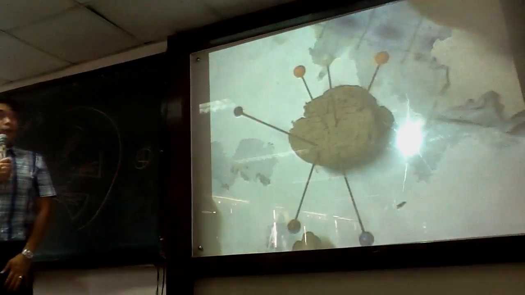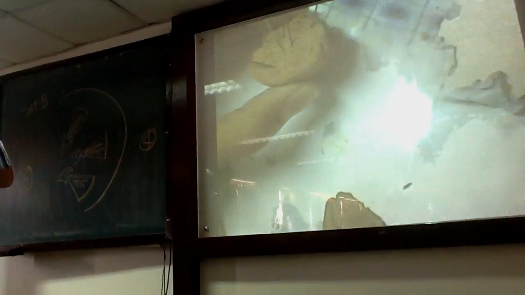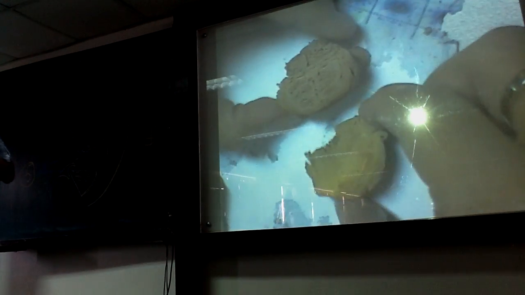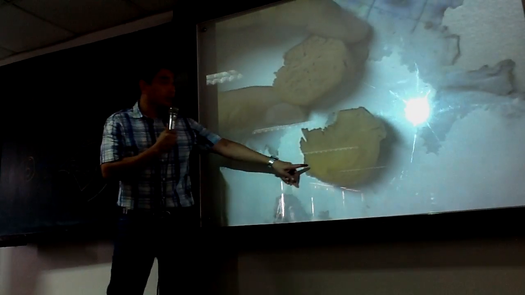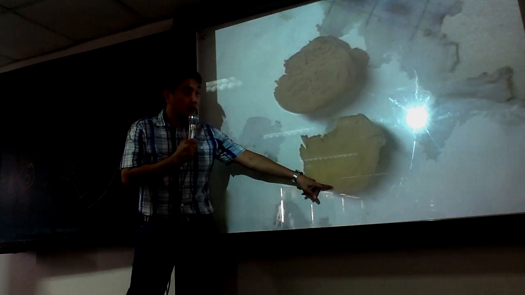The lower pons, so this area here is the lower pons. Okay, meron ding gray and white, no?